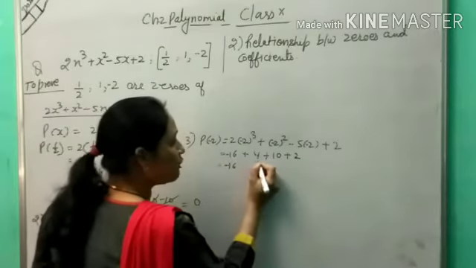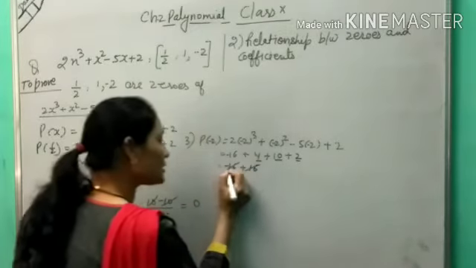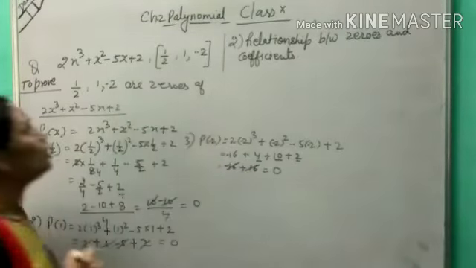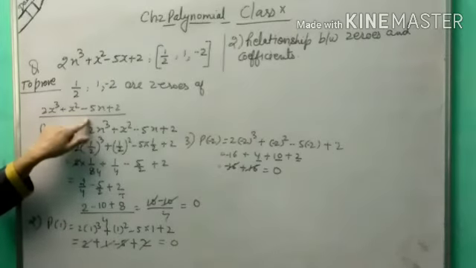So minus 16, 4 plus 10 is 14, plus 2 is plus 16. So plus 16 and minus 16 is equal to 0. So minus 2 also is a zero of this polynomial.